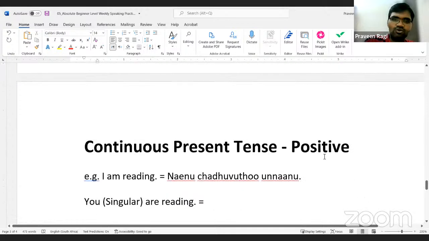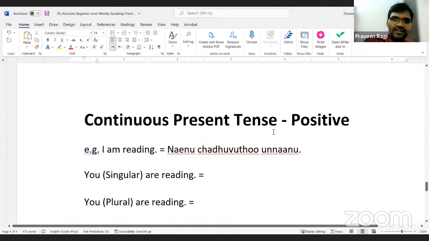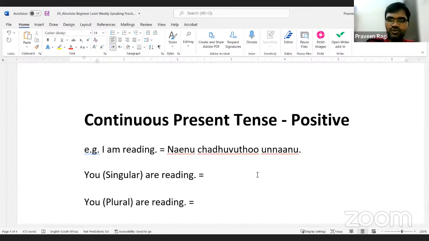Okay, let's move to the next category, that is present continuous tense, positive form. I am reading. Nenu chaduvutu unnanu. So chaduvu is the base form. Chaduvu becomes chaduvutu unnanu, and the ending will change according to the subject.